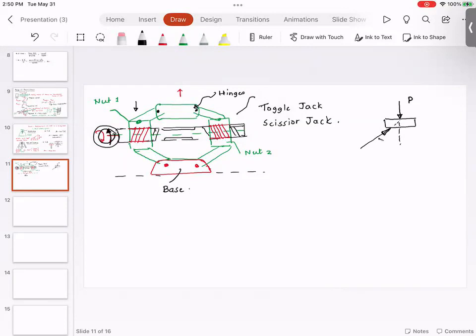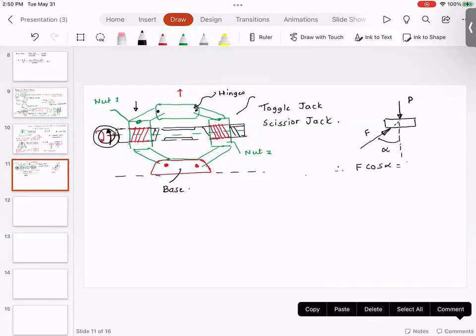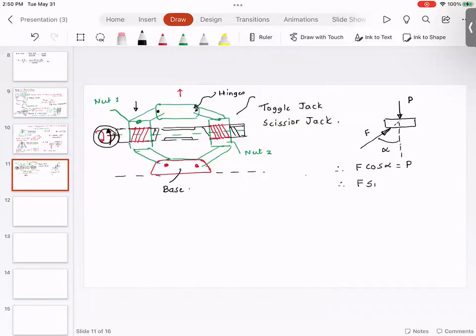So just to give you an idea, if this angle is alpha, then if this is F, F cosine of alpha is equal to P. And F sine of alpha is going to be the force resisted by the nut. So this is P, nut.